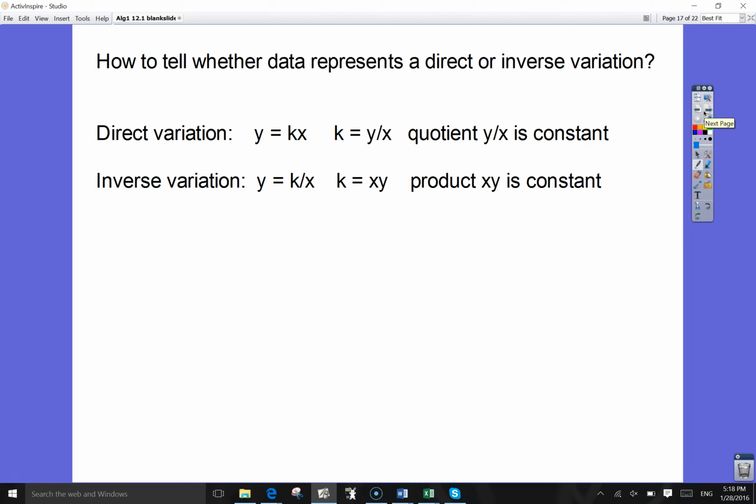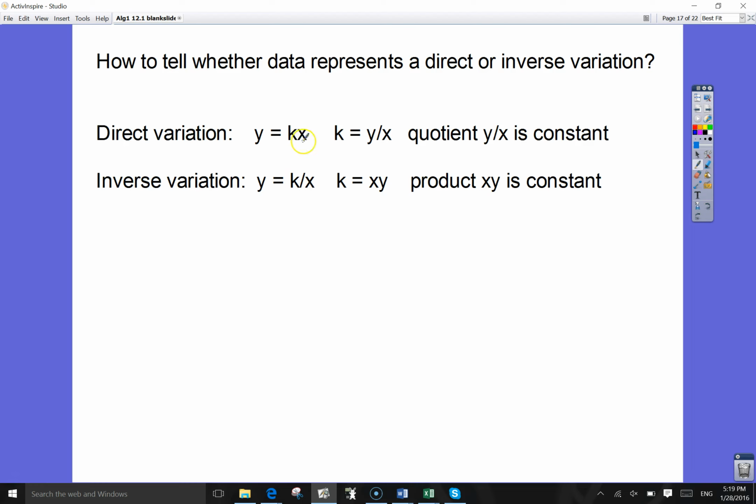So we're supposed to be able to tell by looking at data whether or not the data represents a direct or an inverse variation. And it's convenient to do that if we rearrange our equations just a little bit. In a direct variation, y equals kx.